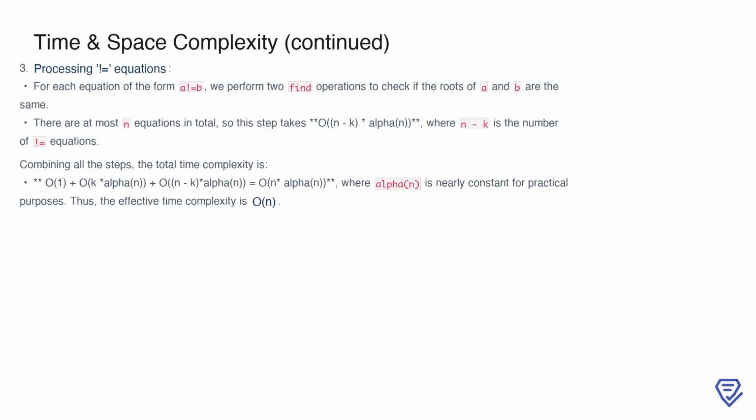When we combine all the steps, the total time complexity becomes 1 for initialization, k * α(n) for processing equals equations, and (n minus k) * α(n) for processing not-equals equations. This simplifies to n * α(n), which is effectively O(n) for practical purposes, since α(n) grows extremely slowly.